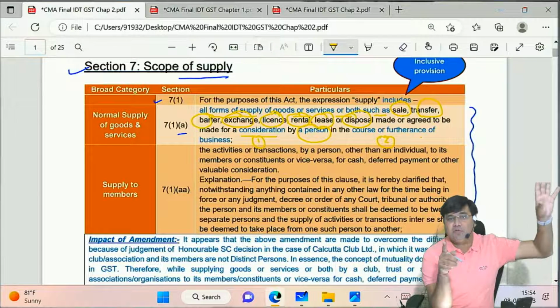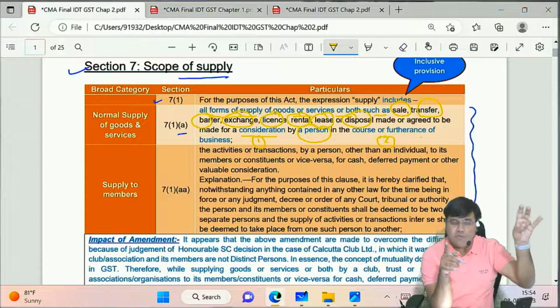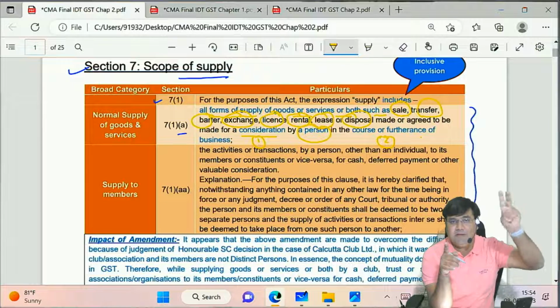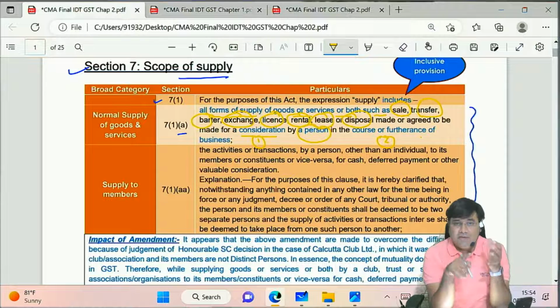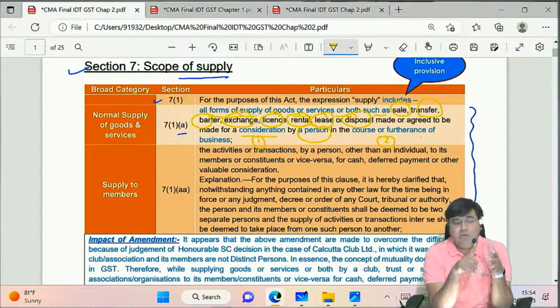So what we are going to see, whether that transaction involves goods or services or both. Okay, the first condition satisfied, let's say this is satisfied, the transaction is related to goods. So whether that transaction is in the nature of sell or transfer or barter or exchange or license or rental or lease or disposal. If the answer is yes, okay, then we are going to see 2 conditions.